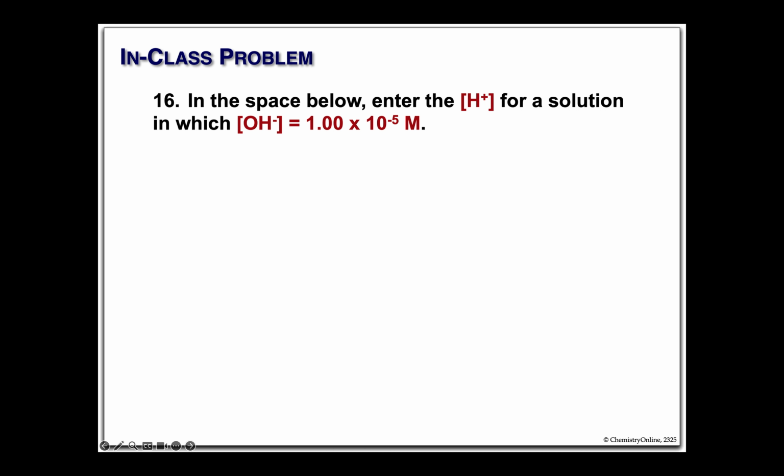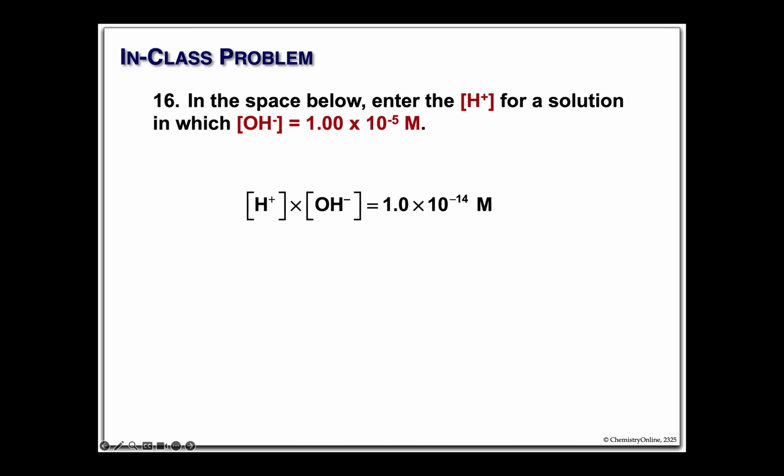Here we are given hydroxide concentration. We want to know what the hydronium ion concentration is in that solution. We can do that because we remember, or we have written down somewhere, hydronium times hydroxide is always a constant at 25 degrees centigrade: 1 times 10 to the minus 14.